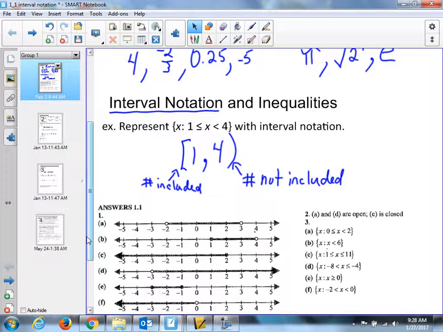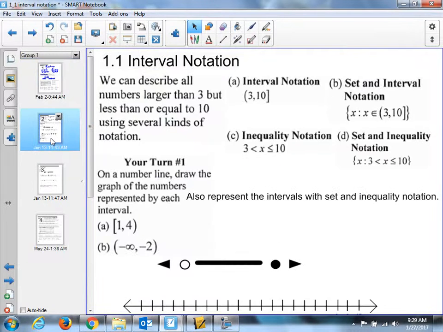That's our norm. Now, these answers are for the questions that I assign you later on, so don't worry about that. There's not much to this, but we'll just see something else about sets. Okay? So we can describe all numbers larger than 3, less than or equal to 10, using several kinds of notation. And we'll take a look at these notations.